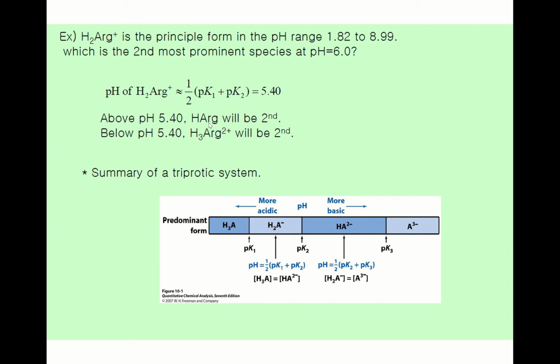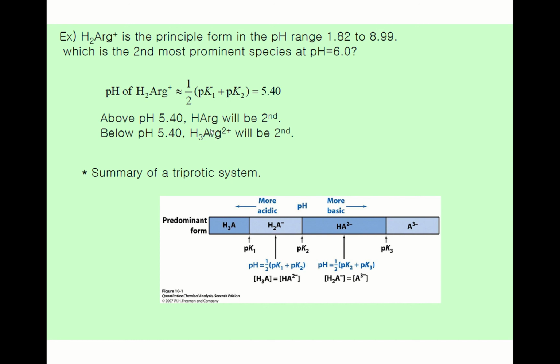Okay, and then what? This one is the major species, and then the second prominent species is what? There are two possibilities: monoprotonated arginine or polyprotonated arginine.